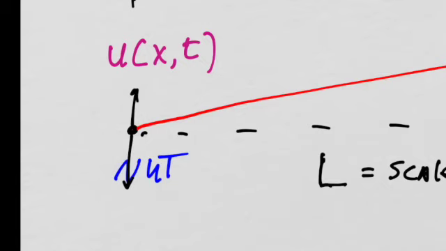The string never moves at the nut. So u at the nut must always be 0. That's the same thing as saying that u at a distance of 0 from the nut, for any time t, must equal 0. That is an important piece of information about u.